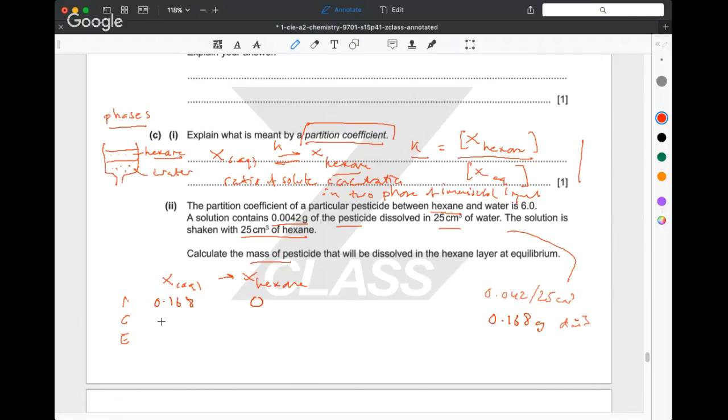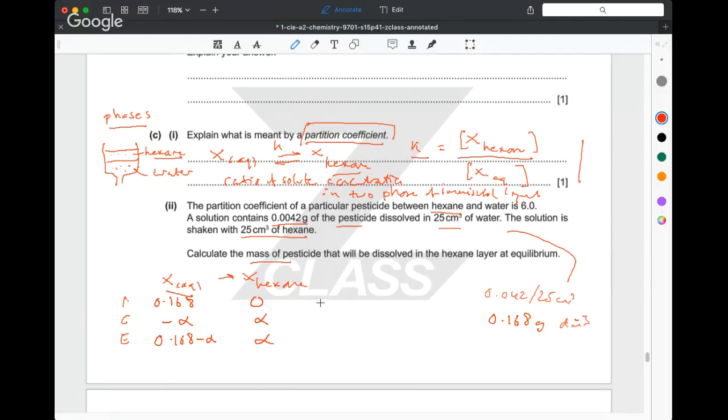And so there's going to be a change: some of it will go into the hexane and some of it will leave the water. I've just put the amount as alpha. That's what you do in these equilibrium tables. You generally put the amount that changes as alpha. And so at equilibrium, there's alpha in the hexane and there's 0.168 minus alpha that's in the water.